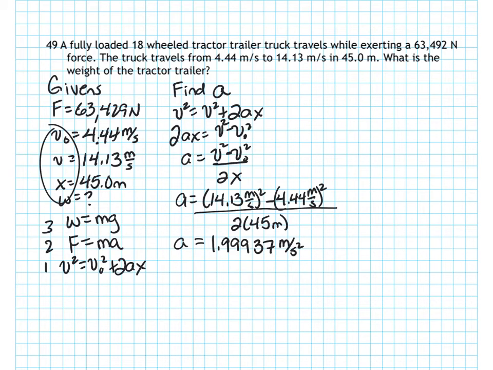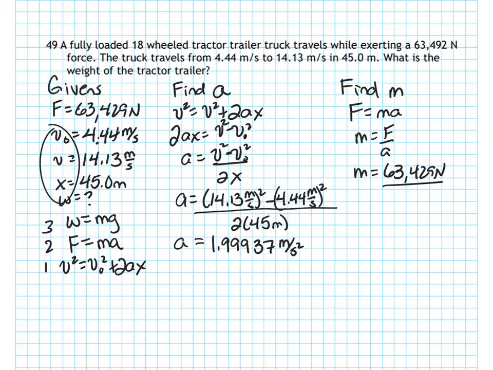So working my way up, the next thing I'm going to do is find the mass. I'll start with the equation F equals ma. m is equal to F over a. So m is equal to the force, 63,492 newtons, divided by the acceleration, with everything that's in my calculator, 1.99937 meters per second squared.